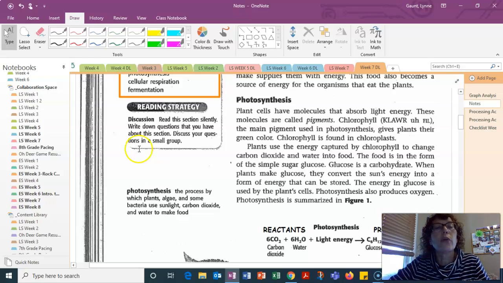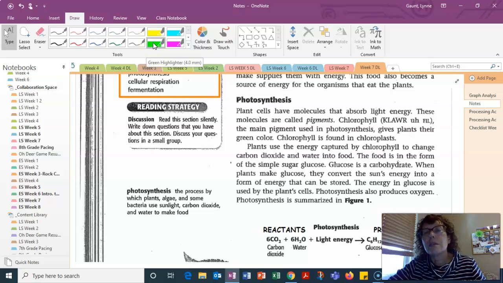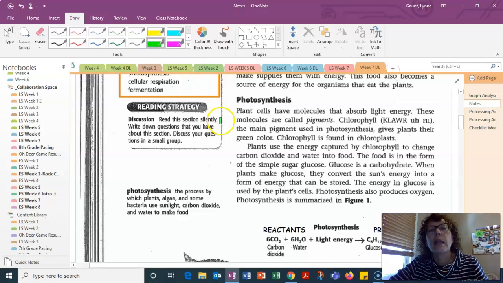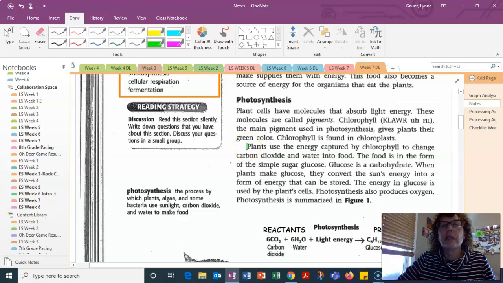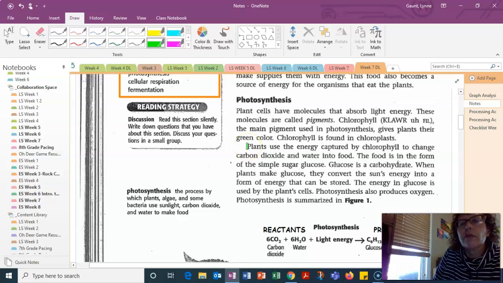That seems pretty important. I'm going to highlight that, and this time I'm going to use green just because it's plants and it's using chlorophyll, which is green. I'm going to highlight that, bring it down, and highlight the first sentence in that second paragraph under the heading photosynthesis. So here it is.